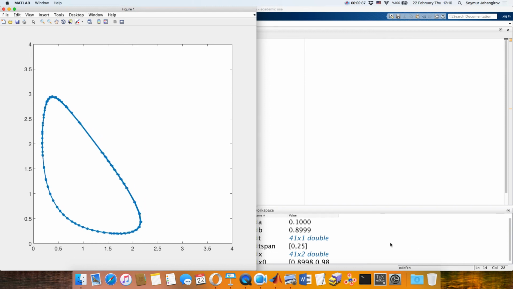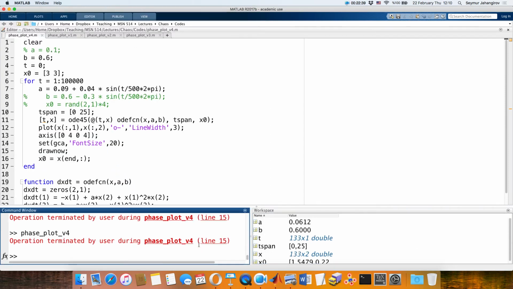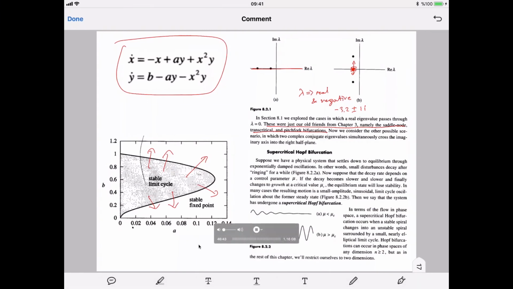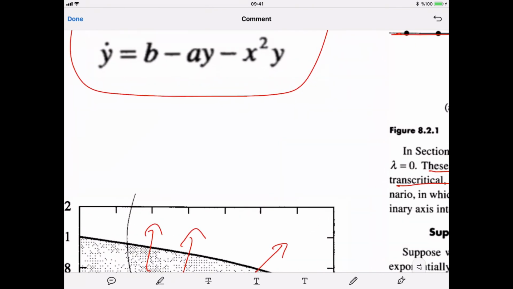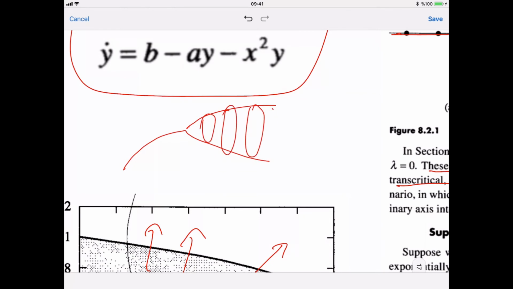So let me draw it actually. Something like this is happening. Do you understand my point? Yes, this is Hopf bifurcation.